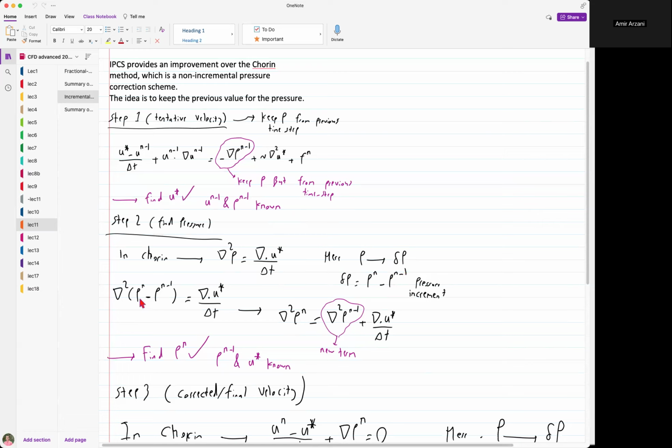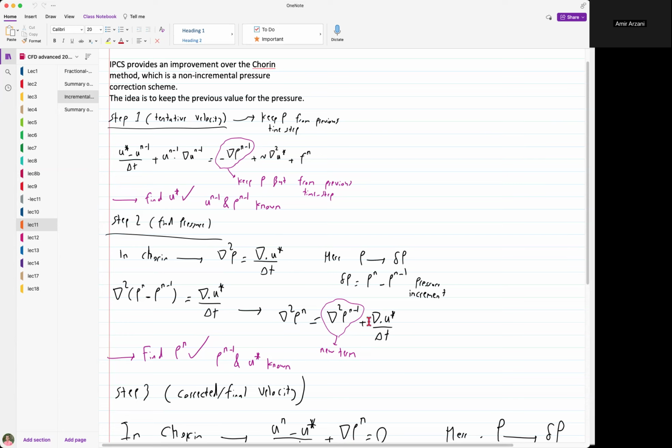So here I have Laplacian of P n minus P n minus 1 equals the right-hand side, which is a known source term. If I take this Laplacian of P n minus 1, which I know from the previous time step, to the right-hand side, this is the new pressure Poisson equation that I have. So this is again a Poisson equation. You have the Laplacian of an unknown scalar field, P n, equal to some source term on the right-hand side, which you know.